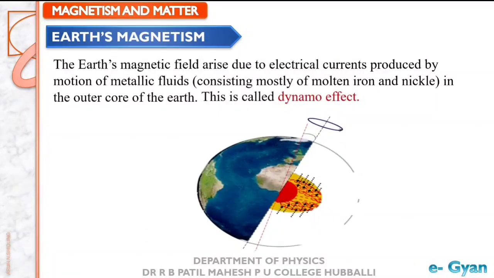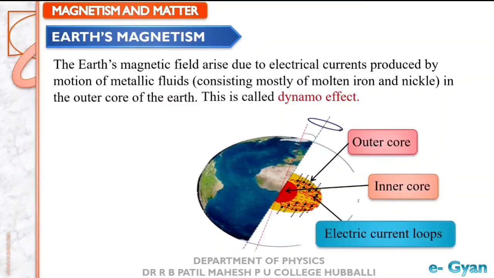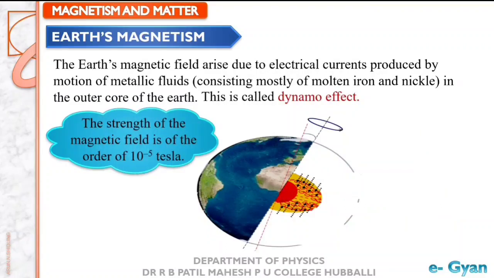Let us have a look at the inner and outer cores. In the outer core there is a circulating electric current which causes the magnetic field of Earth. This magnetic field has a strength of the order of 10 to the power minus 5 Tesla.